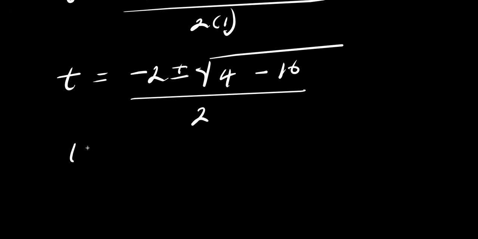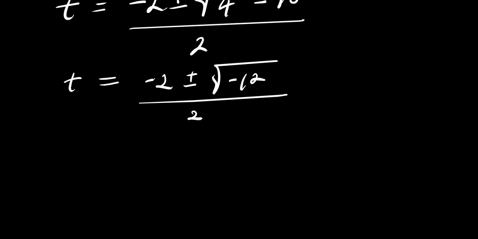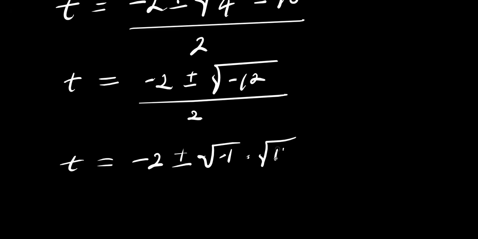So from here, I have t equals negative 2 plus or minus square root of negative 1 times square root of 12, divided by 2.